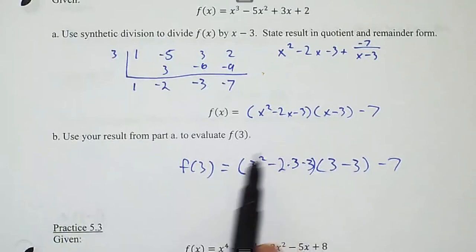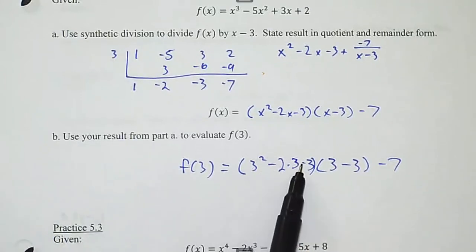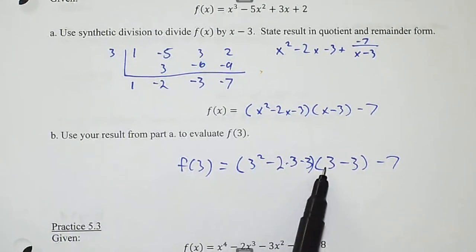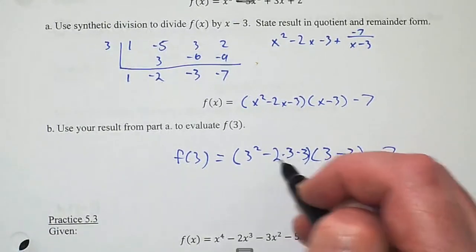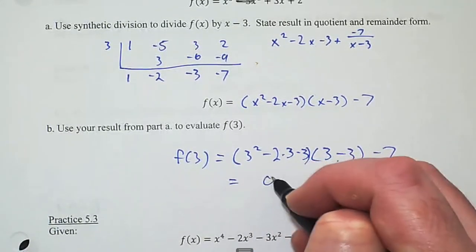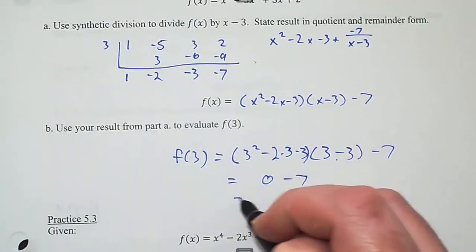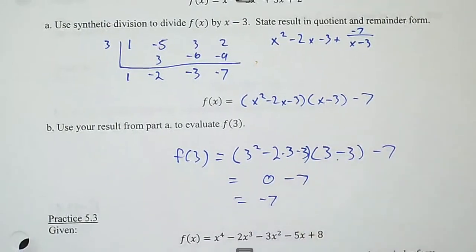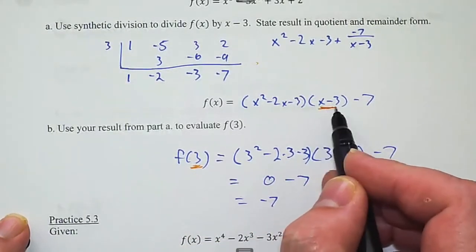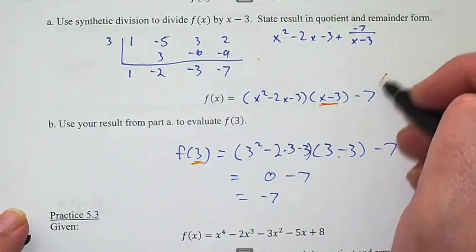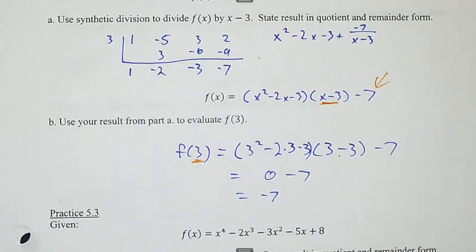Now, I'm going to say I don't actually care what this is. Because what's 3 minus 3? 0. 0 times 0 is 0. So it's actually just negative 7. So when I evaluated this here, at that value that's the opposite of that minus 3, it turns out to just be that. That's an important concept. I want you to practice that one.